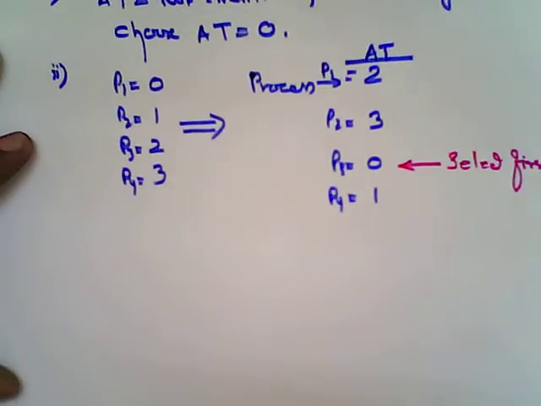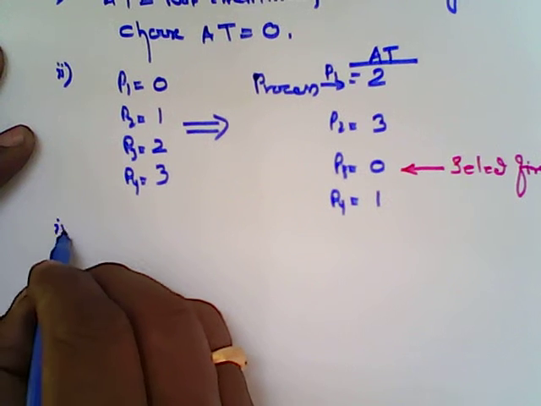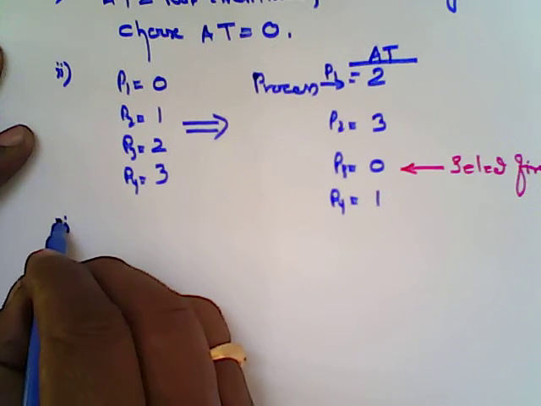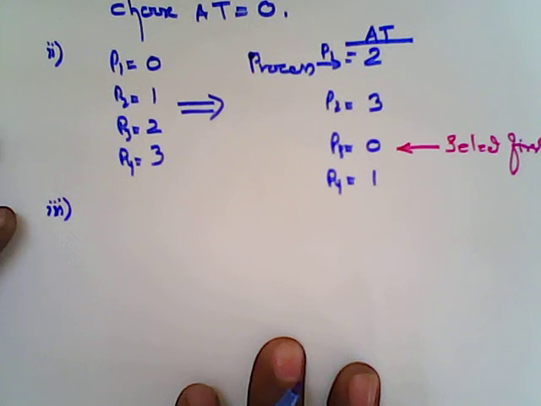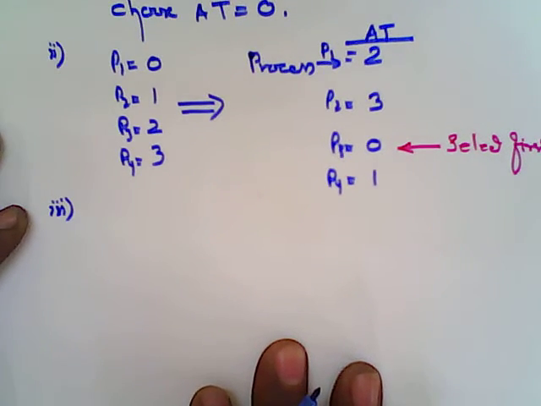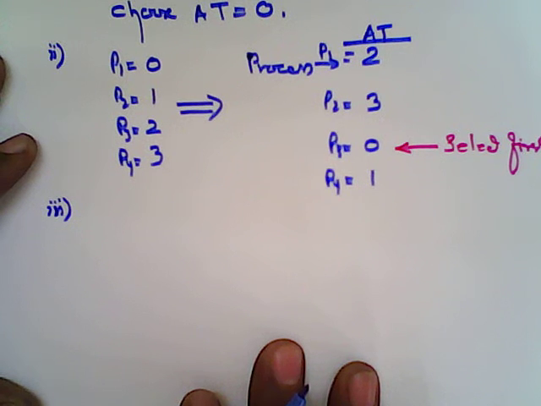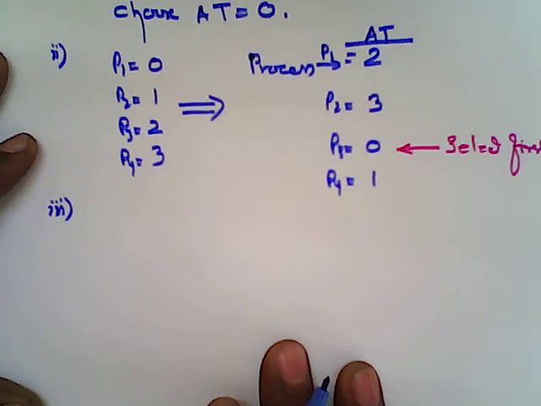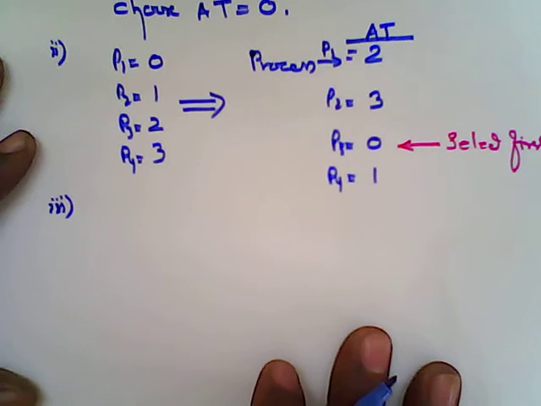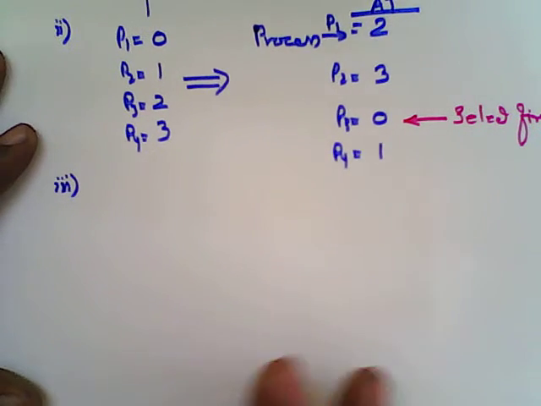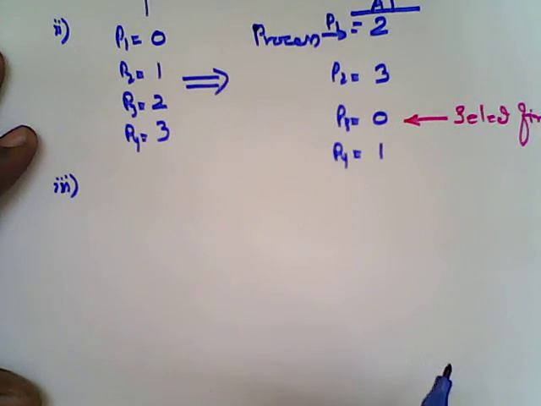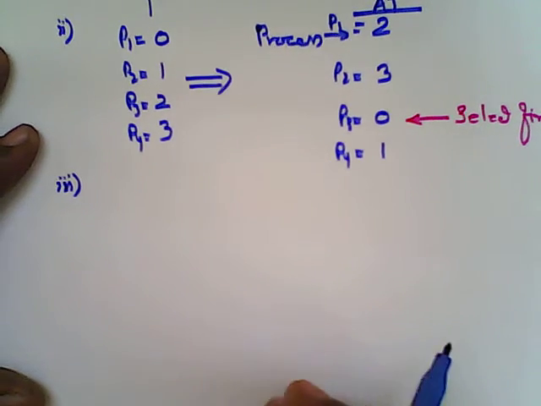Next, if the process arrival time is the same, then what will you do? You look at the burst time: the process with the lowest burst time gets the highest priority. Let us take a case like this.